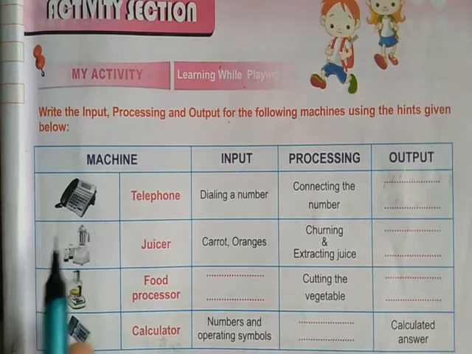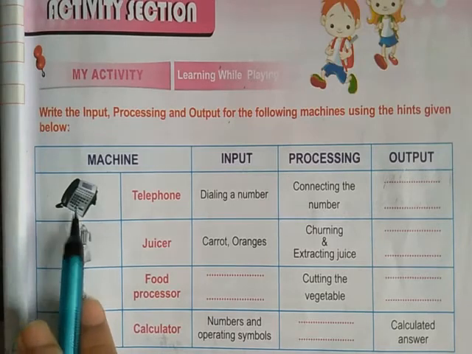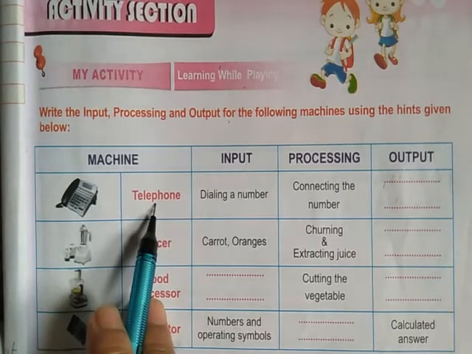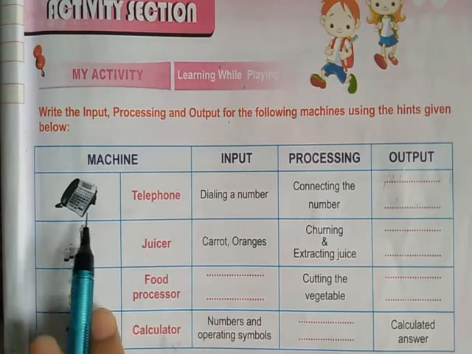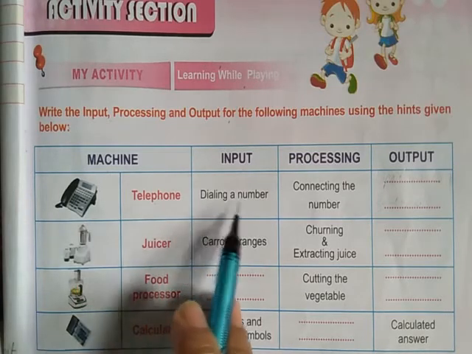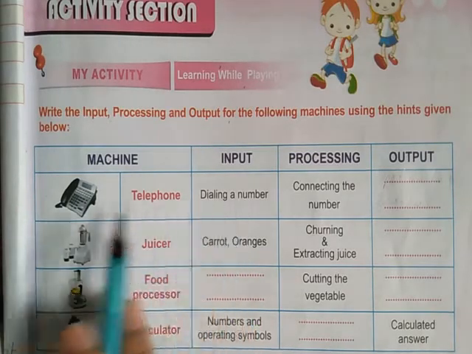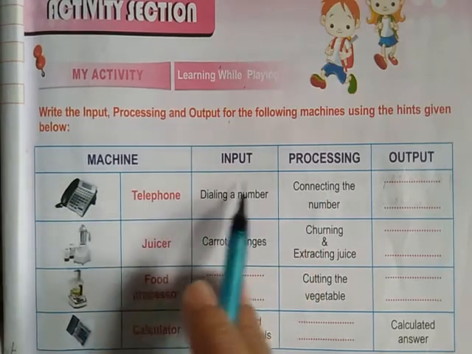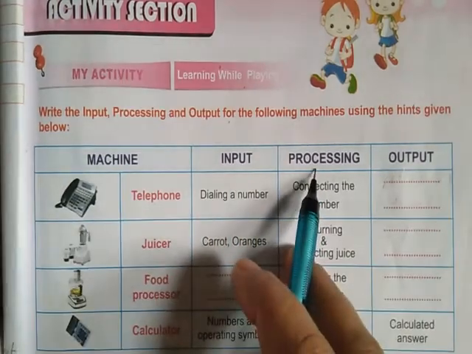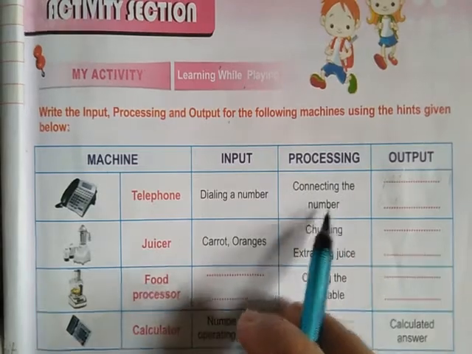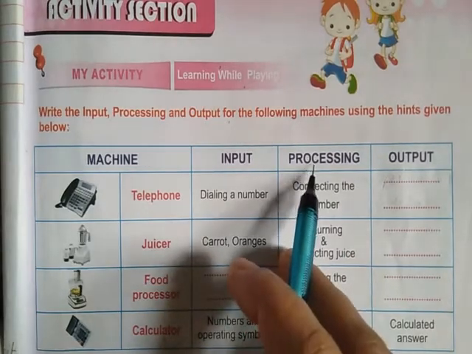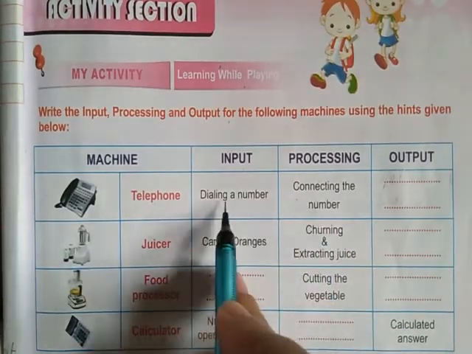Now first is telephone. The machine name is telephone. What is the input in this telephone? Dialing a number, that is the input. Now next, processing, that means connecting the number that you dialed.